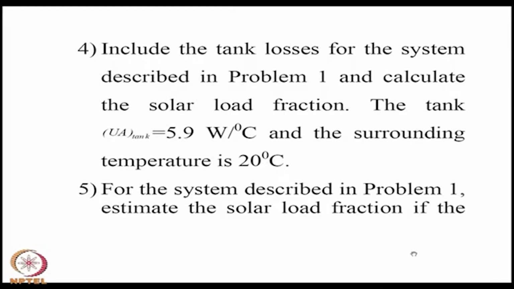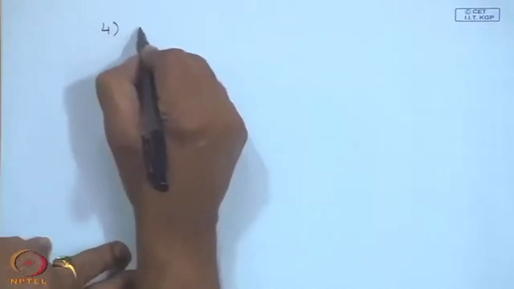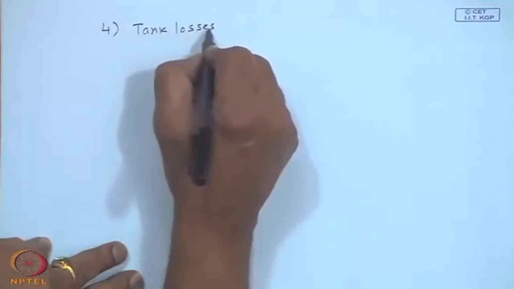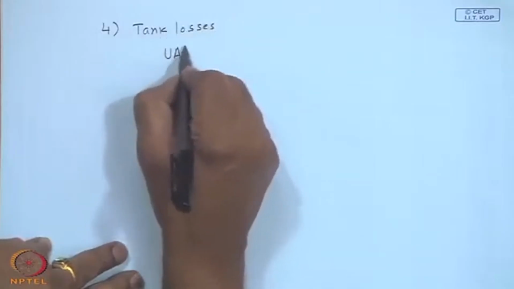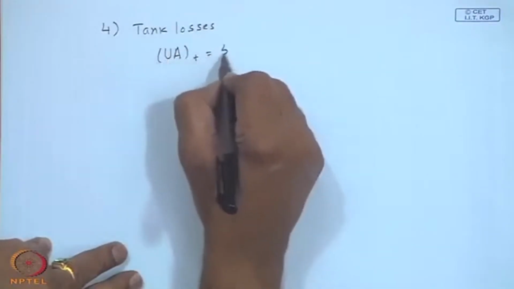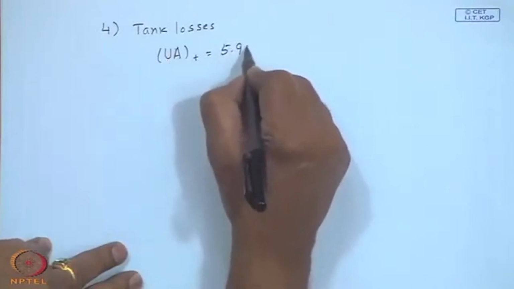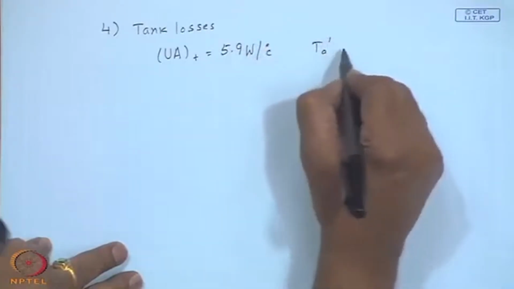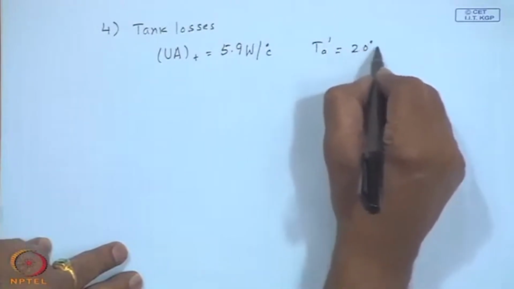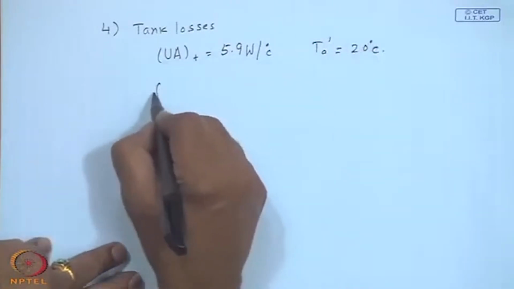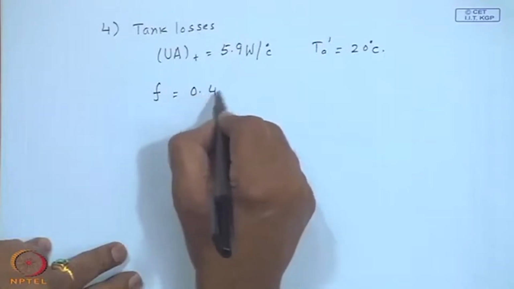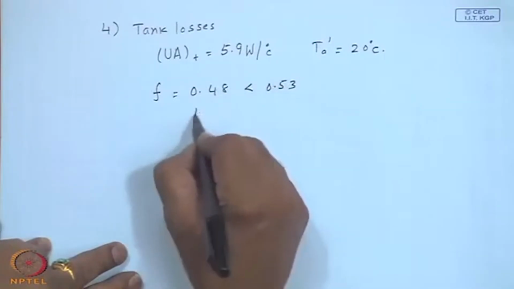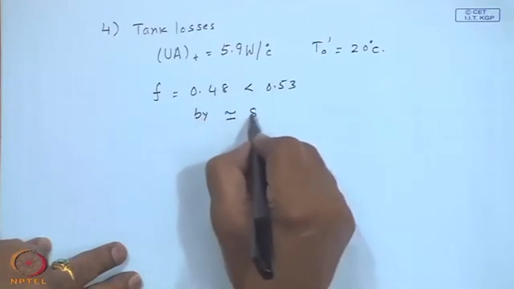Then subsequently, we included the tank losses in problem 4, which has got a tank with UAT of 5.9 watts per degree C, losing to environment at 20 degrees C. Then F we got it to be 0.49, which is less than 0.53 by approximately 8%.